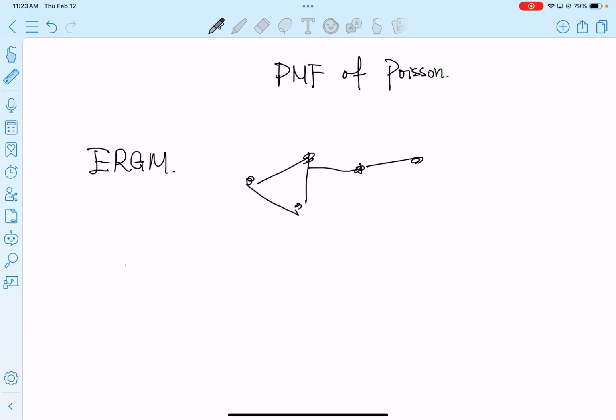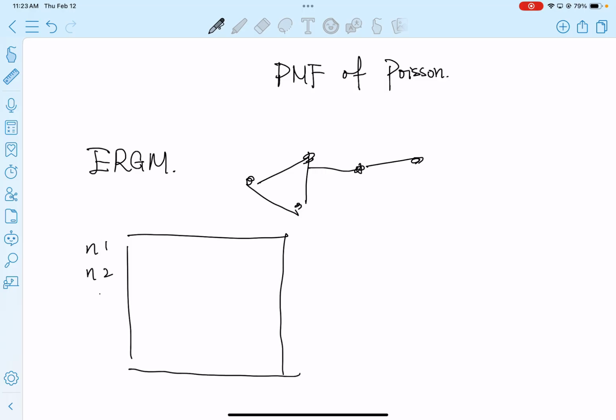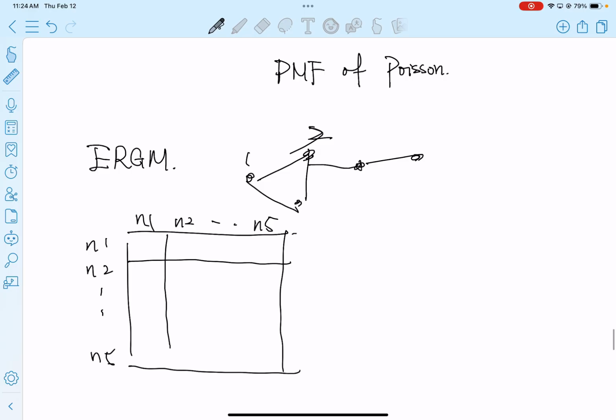You can use an adjacency matrix to represent a graph. You have node 1, node 2, all the way to node 5, on both axes. If node 1 and node 2 have an edge, you mark that entry in the adjacency matrix as 1.